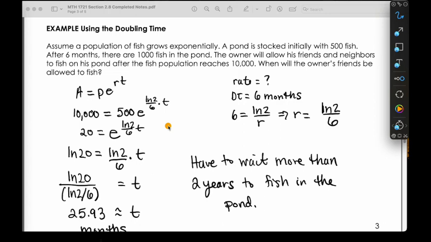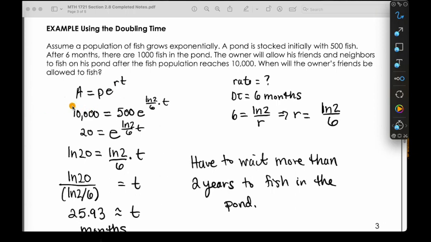Now, I highly suggest when you do these problems, since we're dealing with large numbers and small numbers, I wouldn't round this number and put that in here. I would keep the exact value and wait to round until the end so that those intermediate rounding steps don't mess up your answer. So make sure you wait to round at the very end.